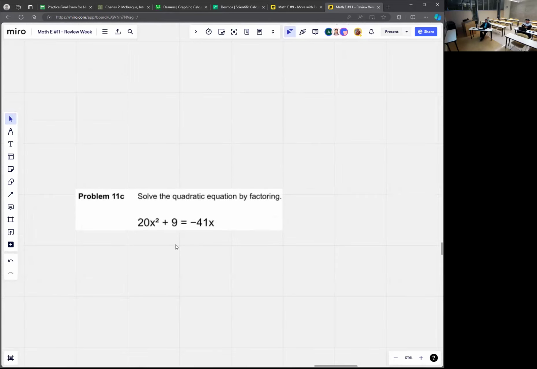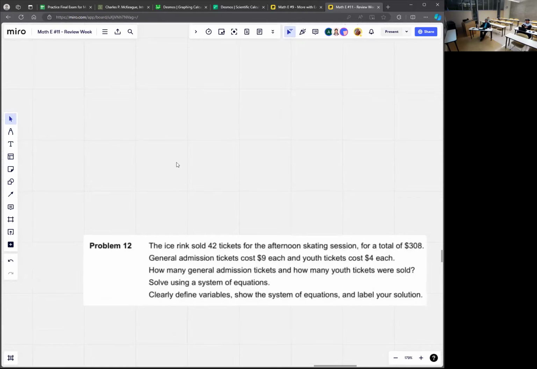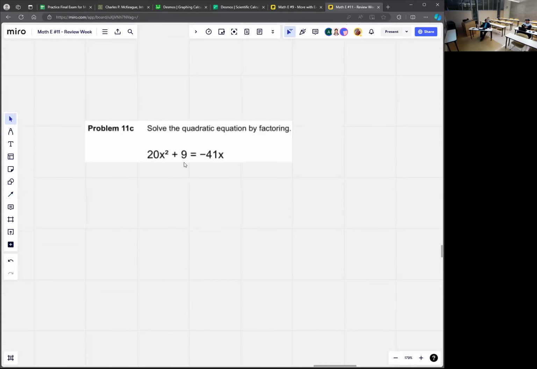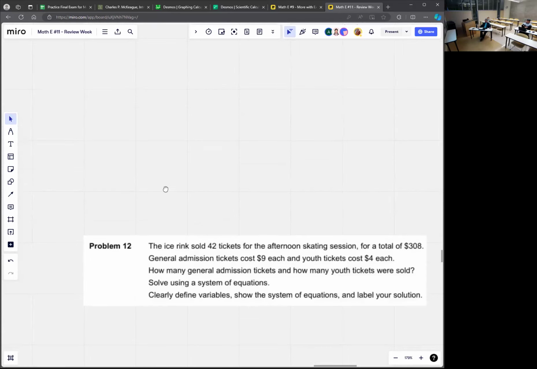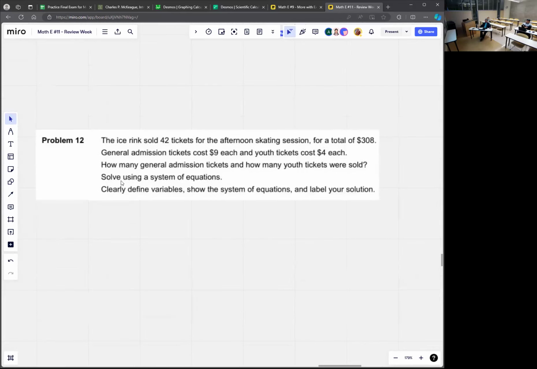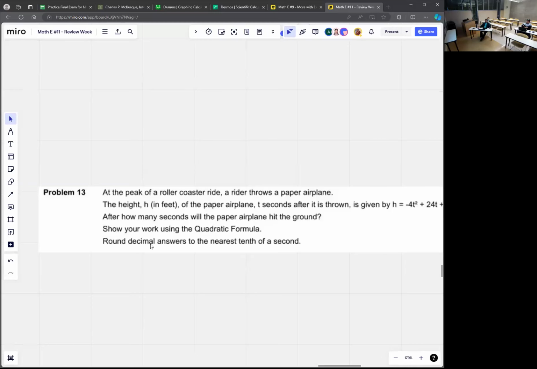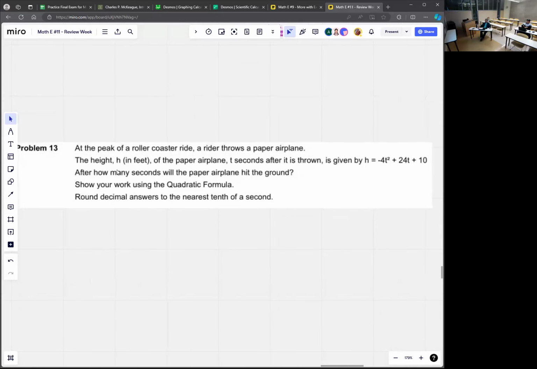So those are the ones where you have to put the disclaimer in your answer, right? No, because there's no denominators. The disclaimers were that we can't have the denominators be zero, and there's no denominators in this. And then we did lots of examples of the ticket type word problem. We did lots of examples of the upside down parabola. Things go up and then they go down.